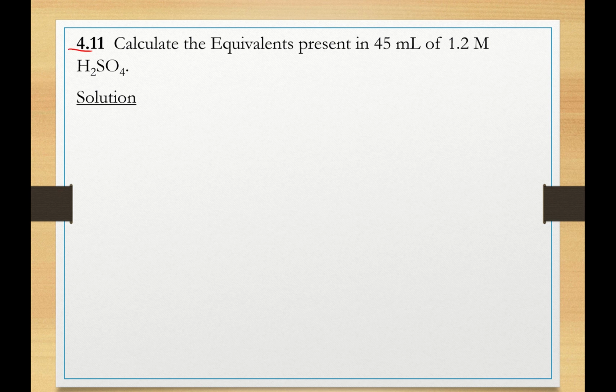Exercise 4.11 is asking you to calculate the equivalents present in 45 ml of 1.2 molar sulfuric acid. Now this is a strong electrolyte, and remember in our definition of equivalents or normality, I specifically emphasized that you need to know the reaction. So this is a strong acid, and it dissociates fully. So we don't need a double arrow, just a single arrow here.